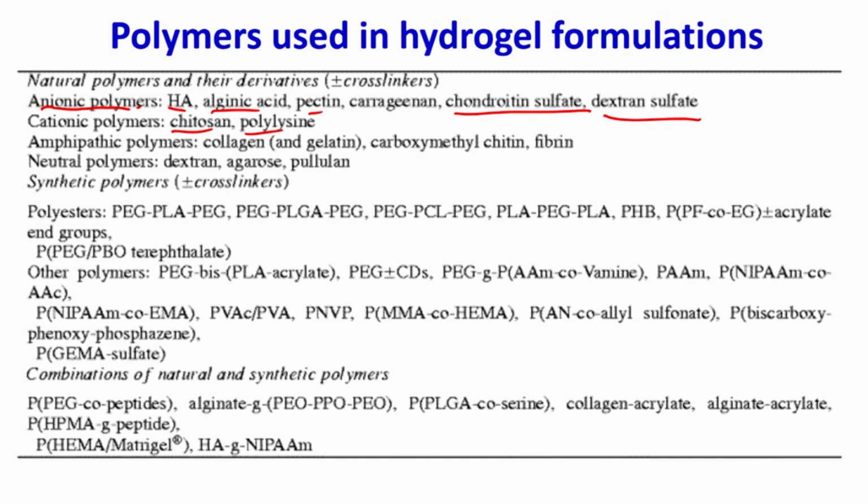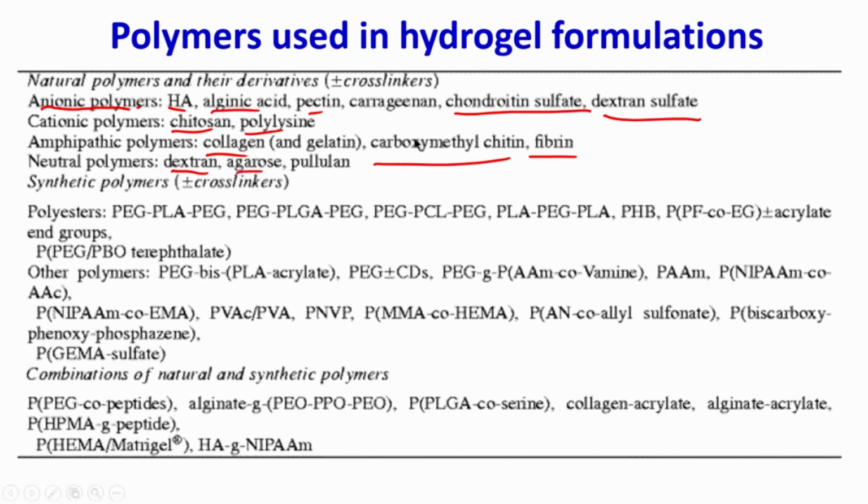Then you can have amphipathic polymers like collagen. So, these are not really charged, they have both charges and essentially the charges are balancing themselves out. You can have fibrin, you can have CMC. Or these could be neutral polymers, these could be dextrans, these could be agarose and other molecules.